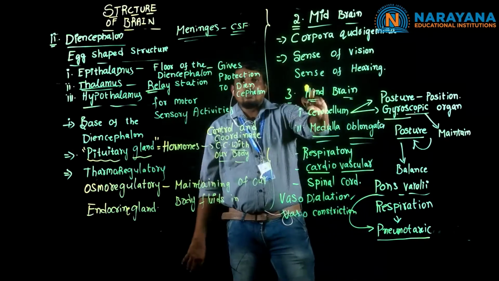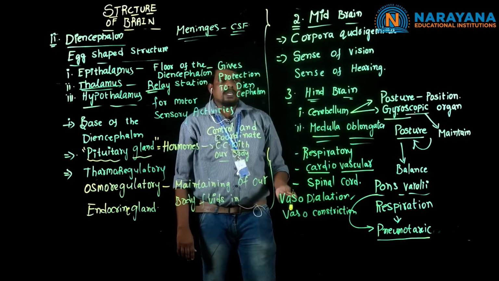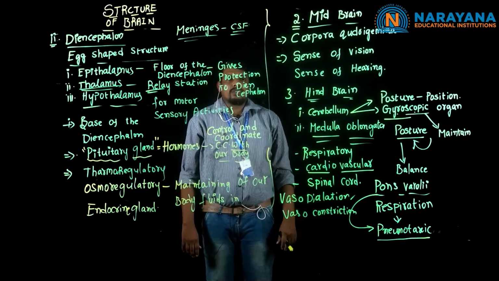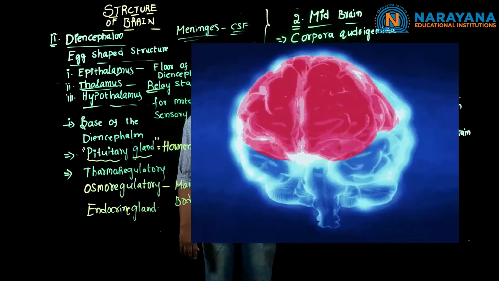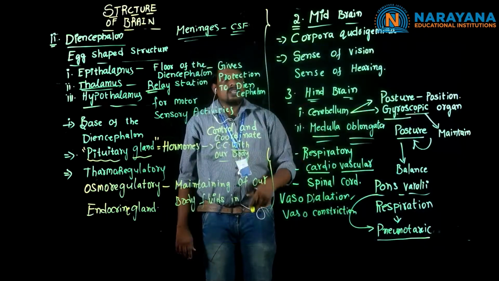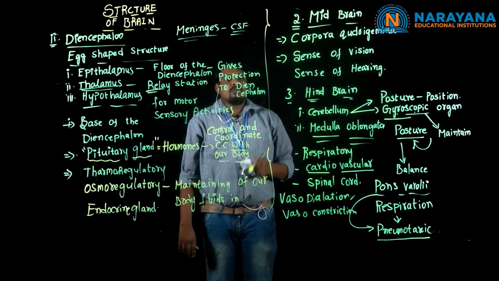Sir, the blue color structure previously. Look at this diagram, Nana. Look at the medulla oblongata once. No, the previous one, the last one. Blue color, red color, green color.